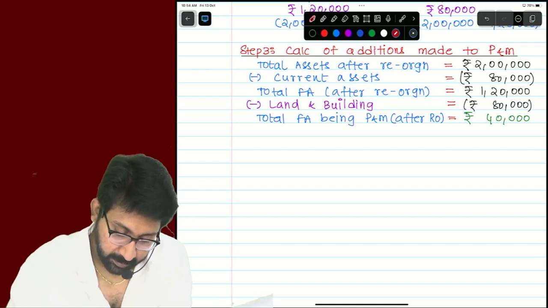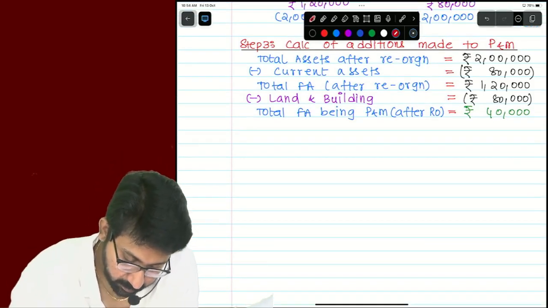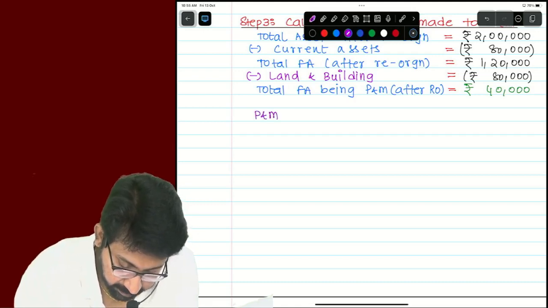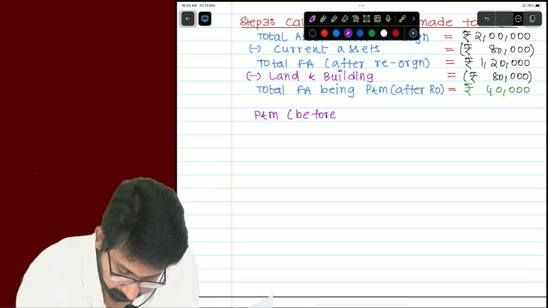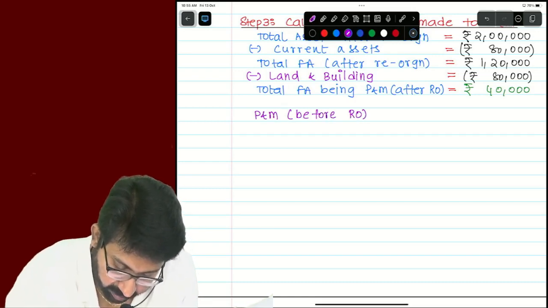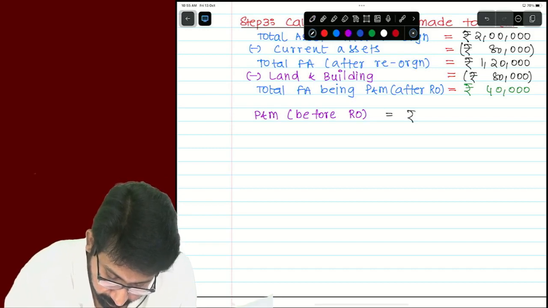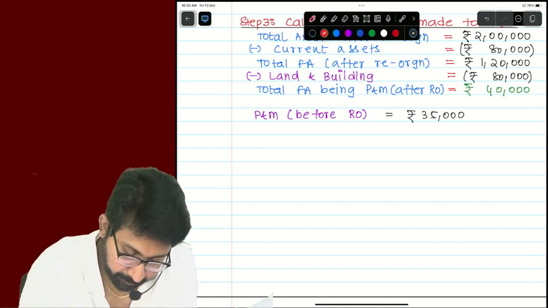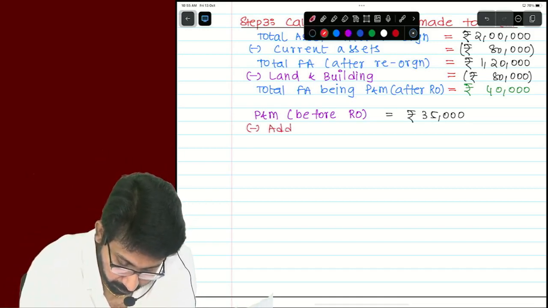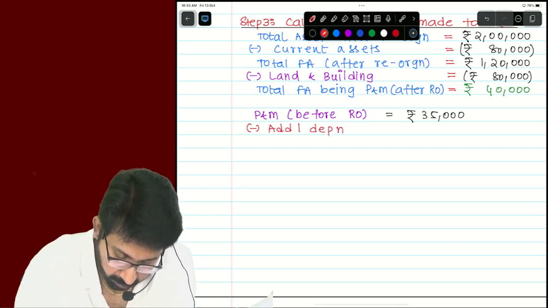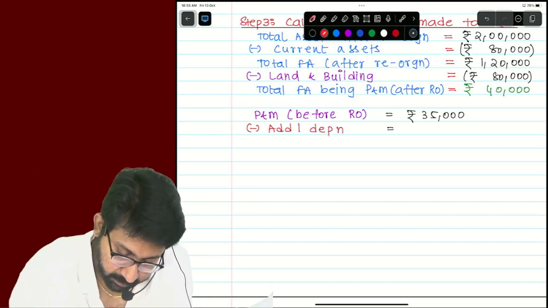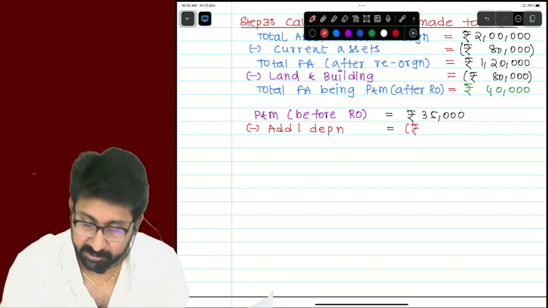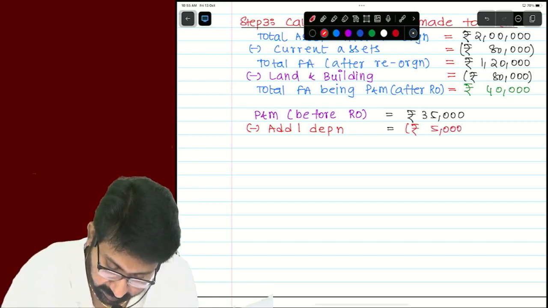So below right now. Plant and machinery before reorganization, Rupees 35,000, minus additional depreciation. Tell me, additional depreciation how much? 5,000.